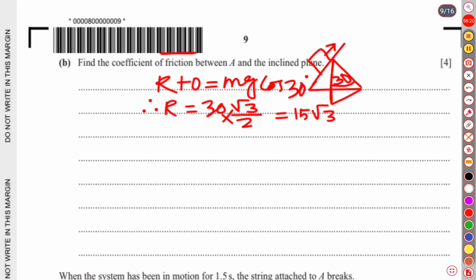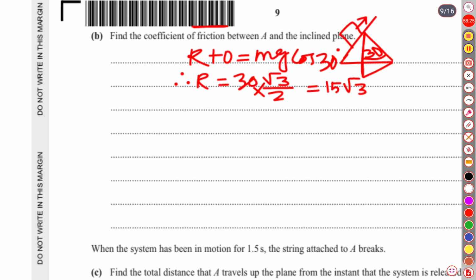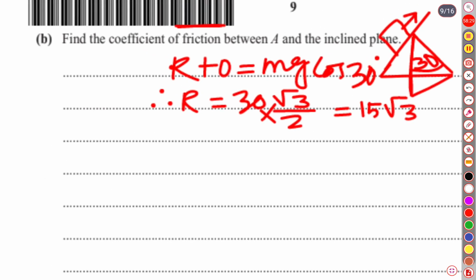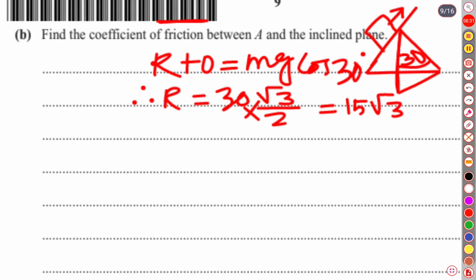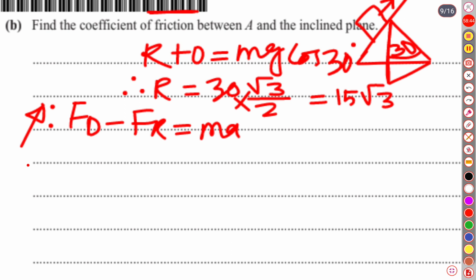Now we can easily apply Newton's law of motion for A. If we resolve the forces along the incline, it is moving upward. So driving force minus resistance force is equal to mass into acceleration. The driving force is the tension in AB.